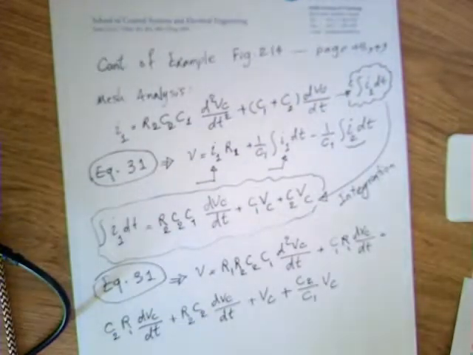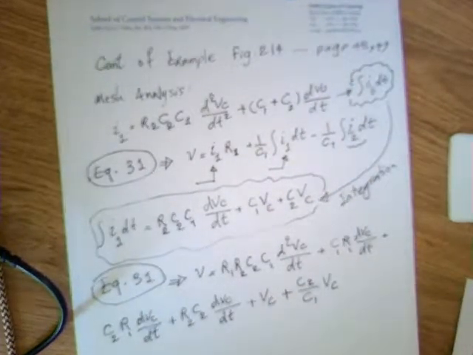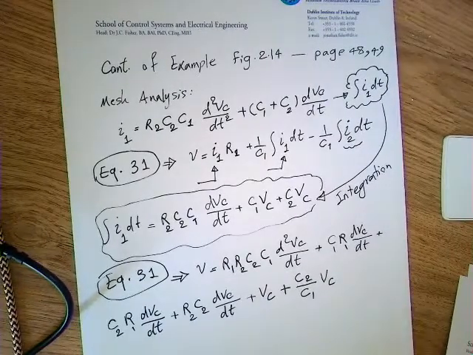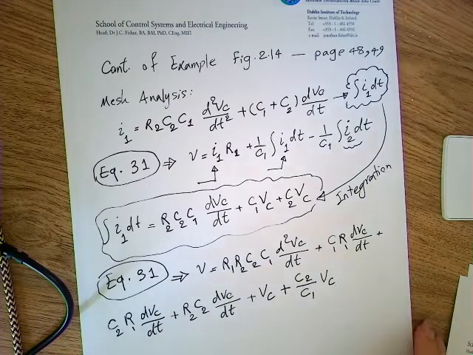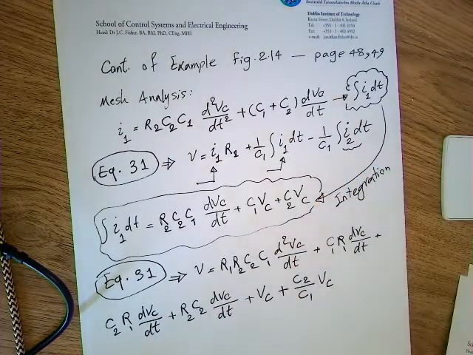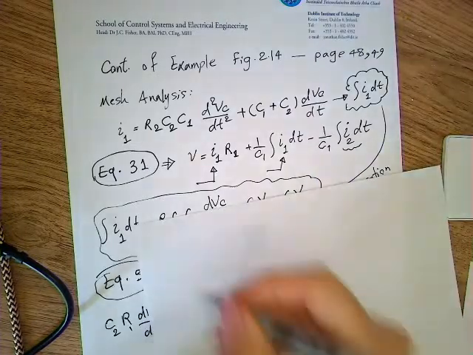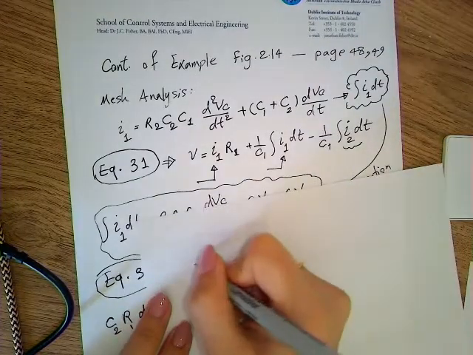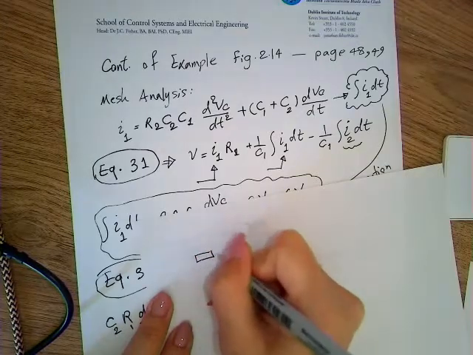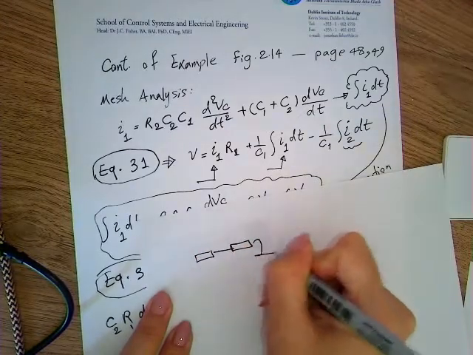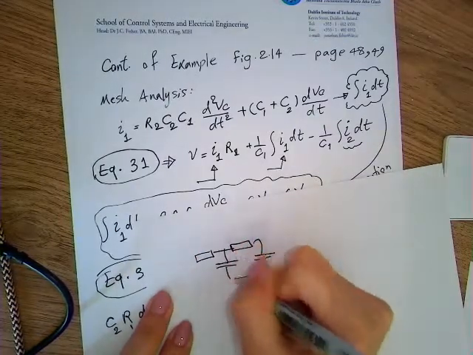So if I want to quickly go back to the focus now, let me see, how can I do that on the same page here? Okay, so I'm just going to quickly, this is my circuit.